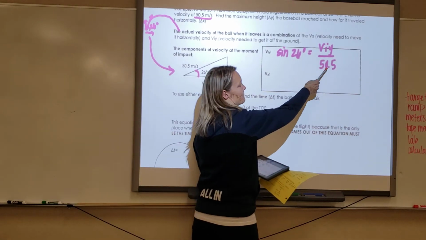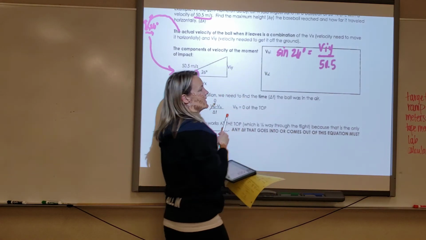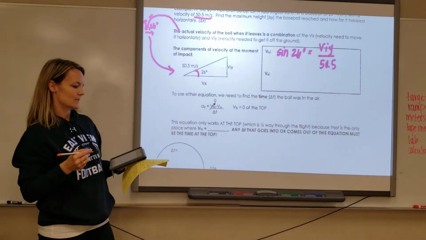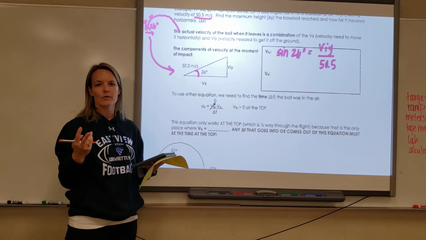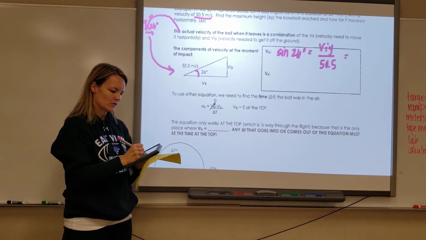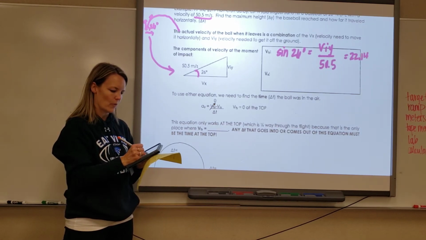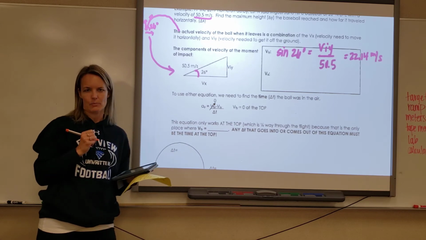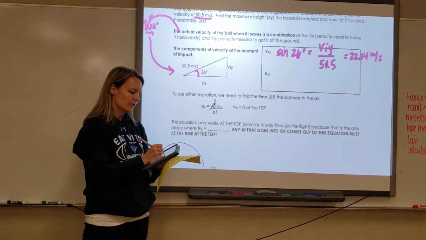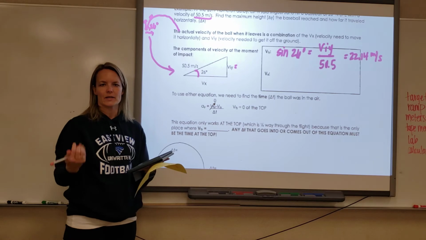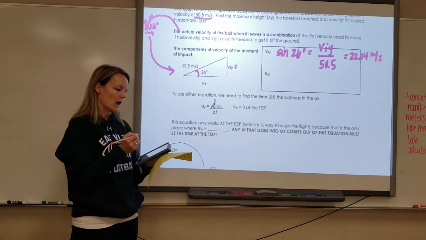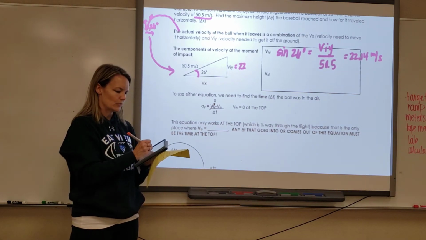I need to multiply this off the bottom, so I take 50.5 times the sine of 26 degrees. I go to 2 decimals, so I got 22.14 meters per second because it's a velocity. So the velocity initially in the y direction, the velocity pushing the baseball upward, is 22.14.